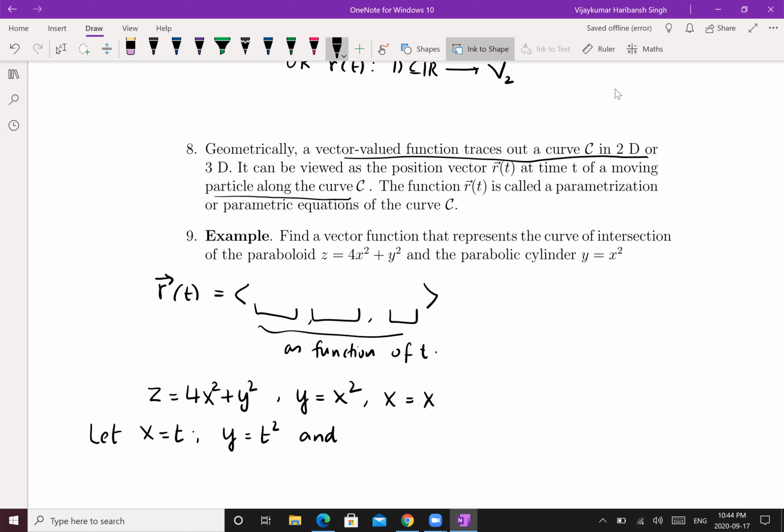So we get y equals t squared and z equals 4t squared plus y squared, which is t squared the whole squared, which will give me t to the power 4 plus 4t squared. So there we go. So our r of t is basically going to be, the first component is just t.